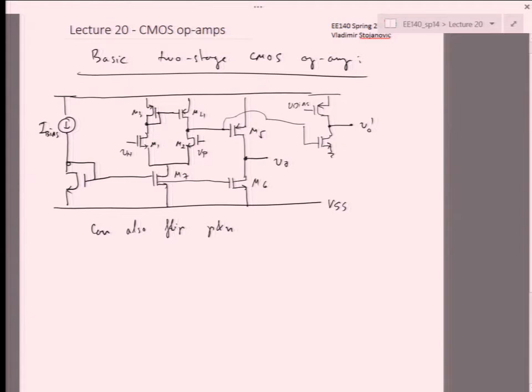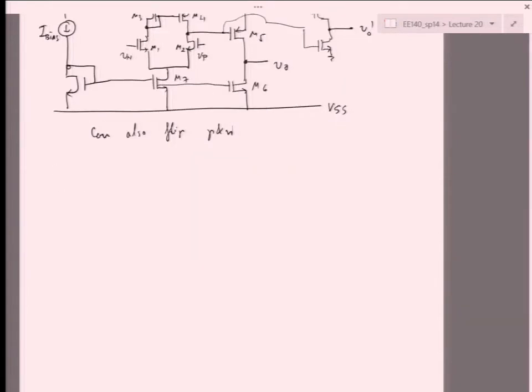I can also create a flipped version of this where the input pair is P channel. If you look in the book, that's what they analyze. It's essentially equivalent. There are some noise reasons and trade-offs for which you may want to use the P channel input, but then we have to trade off some other parameters. We'll cover that later.